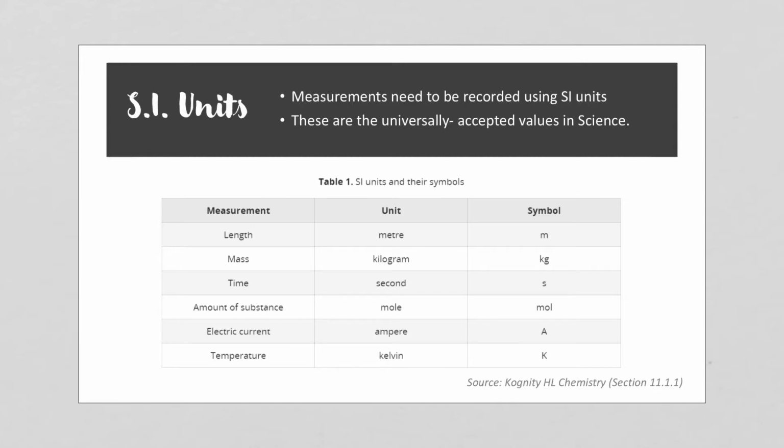These were found in our Cognitive textbook, but if you go to section 11.1.1, you'll find another table that has a more exhaustive list of the SI units. So, for instance, length is measured in meters, mass in kilograms, time in seconds, temperature in Kelvin, and so on. So these are the symbols and the units that you would be using in your assessments. So your IA, for instance.